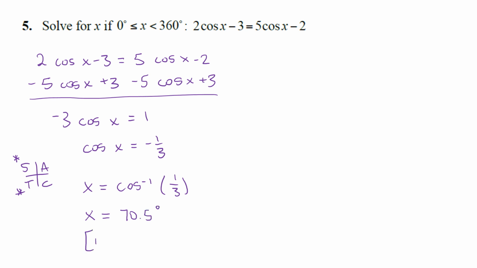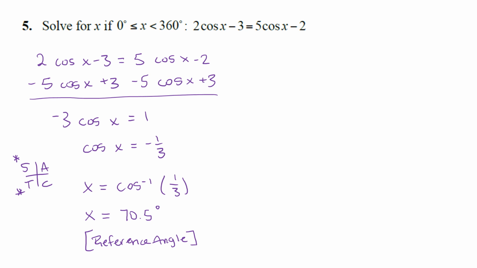Okay, so this is our reference angle. This angle measurement is in quadrant 1, and we can use this reference angle to find the two angle measurements in quadrant 2 and 3 that will solve this problem.